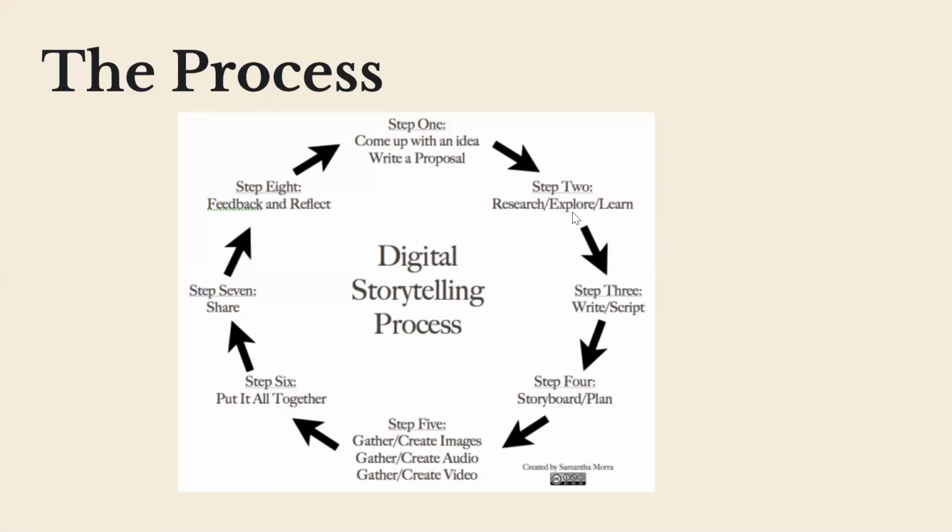For example, they can research how to write, or the teacher can give them handouts and examples of digital stories. Then they should write the script and the storyboard plan, gather and create images, and put it all together. They can share it, and then they listen to feedback and reflect on it.